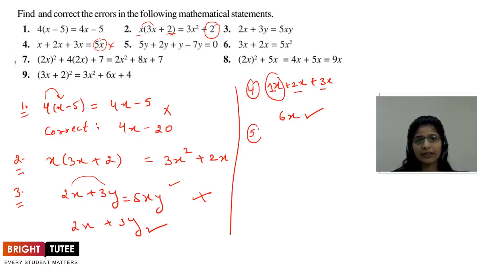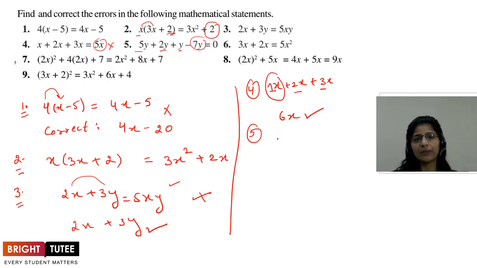In the fifth one, we have 5y plus 2y is 7y and they are subtracting 7y and they are writing 0. But 5y plus 2y plus y is 8y. 8y minus 7y is y only. It is not equal to 0. So this is a wrong statement.